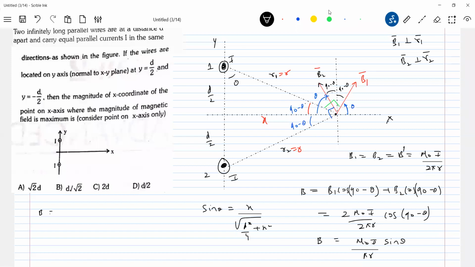So B is equal to mu naught I by pi r, x by that expression. Now dB by dx equal to 0. Anybody, value of x?